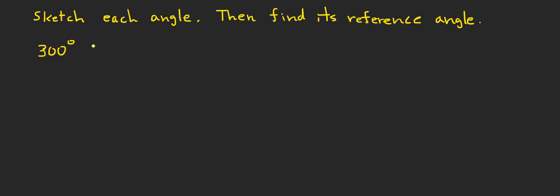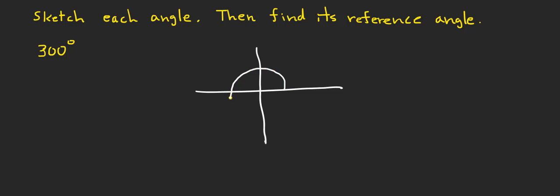So let's take a look at some examples. It says sketch each angle, then find its reference angle. So we have theta equals 300. That means theta lies in the fourth quadrant. So theta is 300, and it lies in the fourth quadrant.